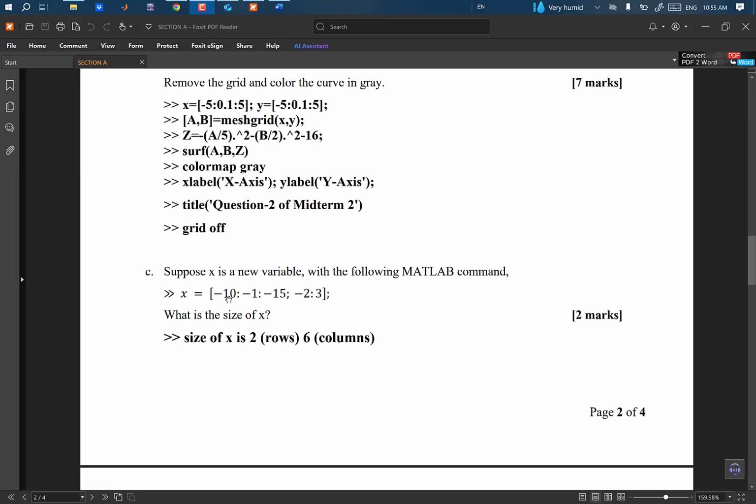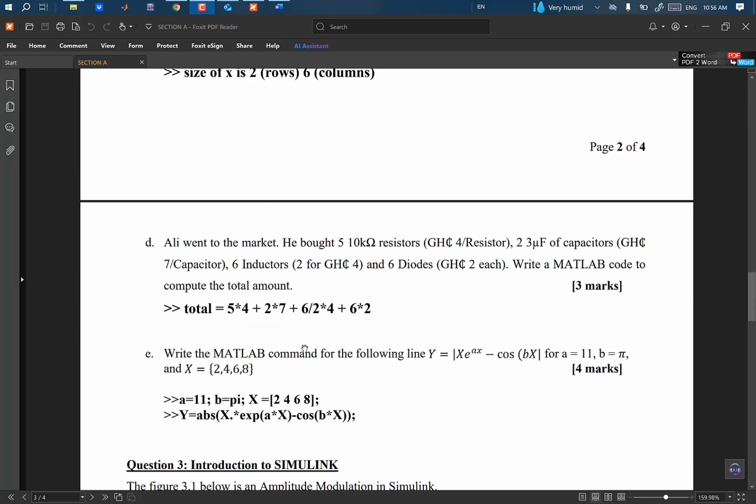It means that you are generating negative 10 to negative 15 with intervals of negative 1 for one row, and then for the next row you are generating negative 2 to positive 3. But here you haven't defined any intervals. So what's going to happen here is that you end up having this section also generating 6 elements in that row. Okay, so you end up having the size to be 2 rows and then 6 columns.